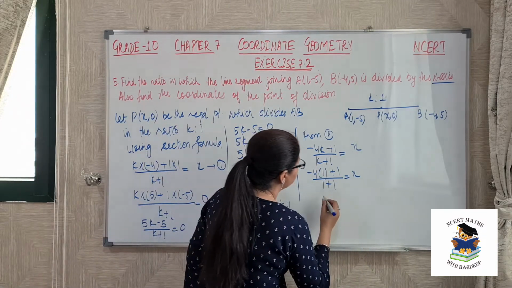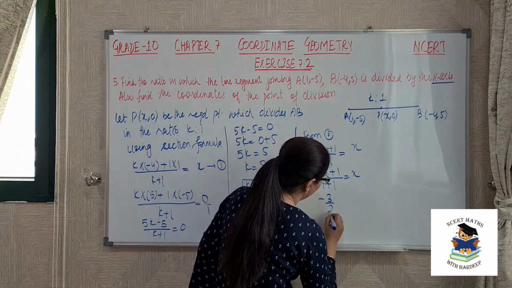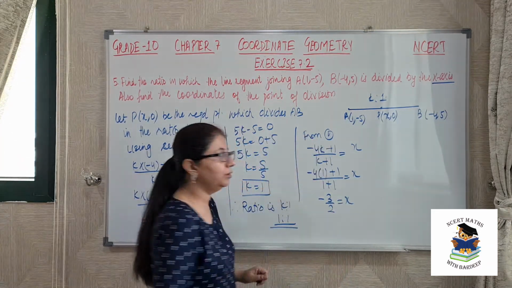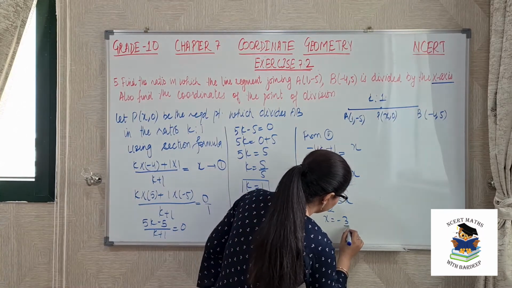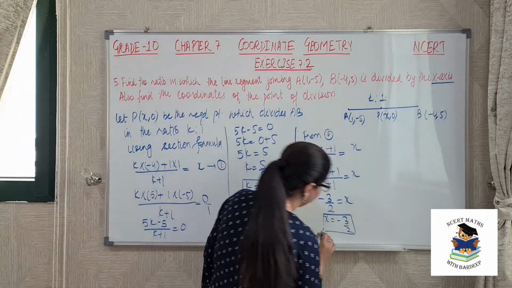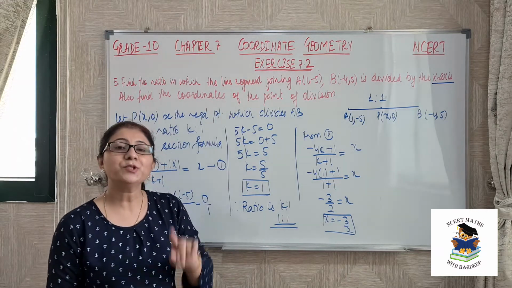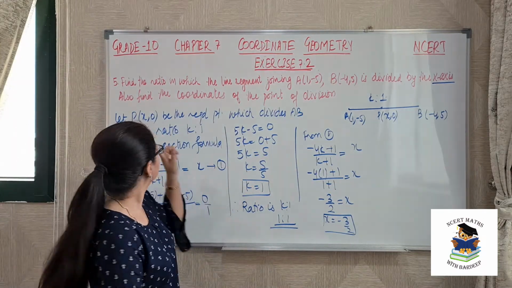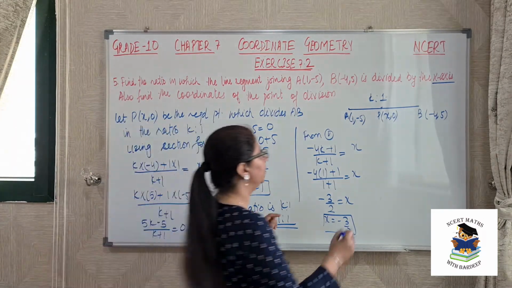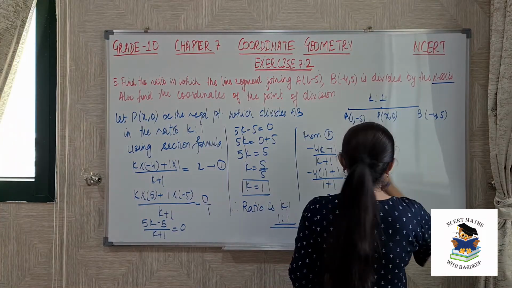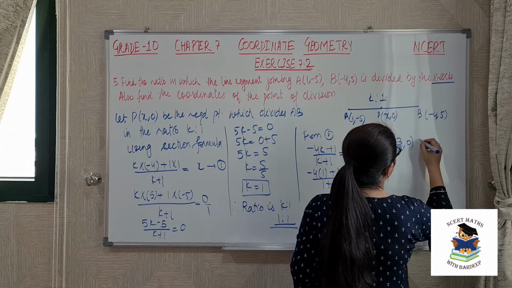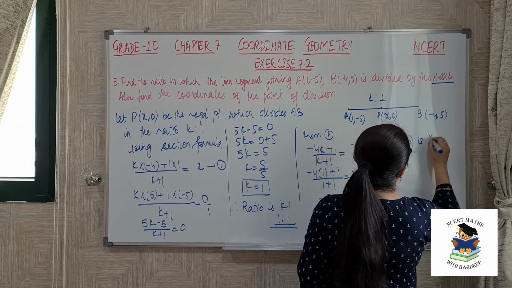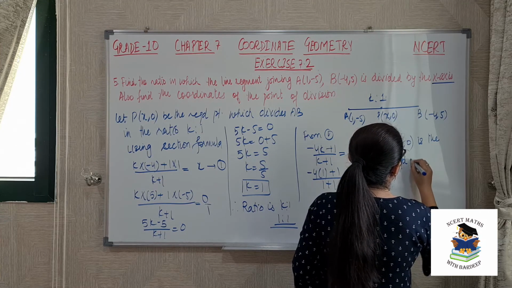So -4 plus 1 is -3 over 2 is equal to x. So what is the value of x? That is -3 over 2. But they have asked point of division coordinates. Okay. So therefore what is our P? That is (-3/2, 0) is the required point.